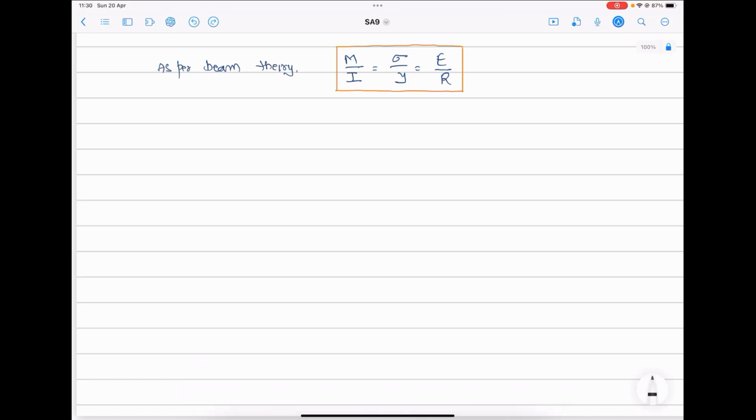In the beam theory equation, M is the moment due to forces, that is the bending moment, and I is the second moment of area, or we can even say moment of inertia.